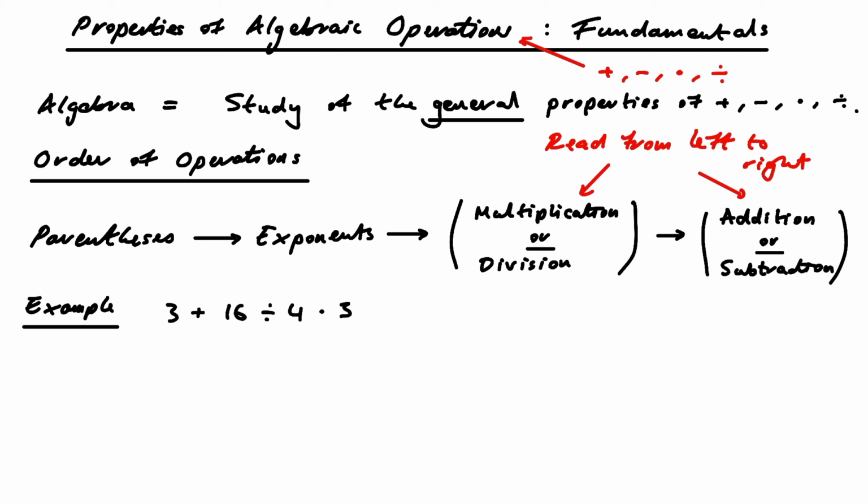Okay, so let's think about this carefully. The first thing we need to do is to kind of go through the options. In fact, maybe I'll change this a little bit. Let me put a 2 to the power 2 here, just to really illustrate the point. So are there any parentheses? No, no parentheses. Any exponents? Yes, right? There's a 2 to the 2. So let's write that as just an ordinary whole number.